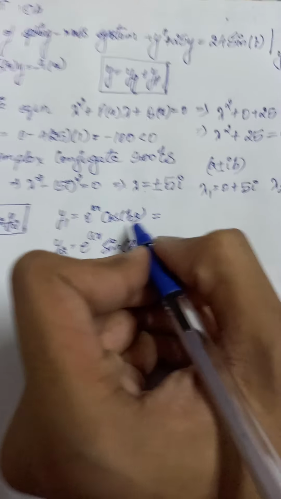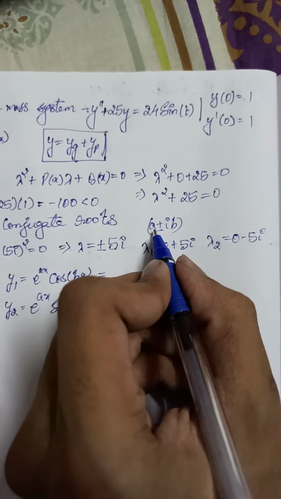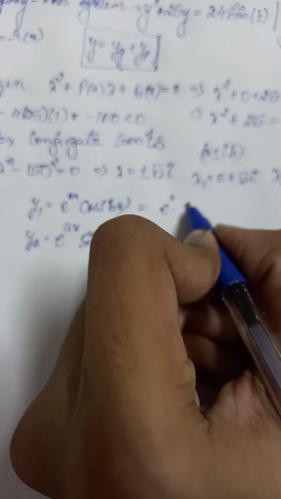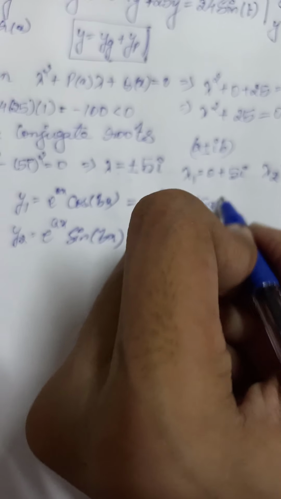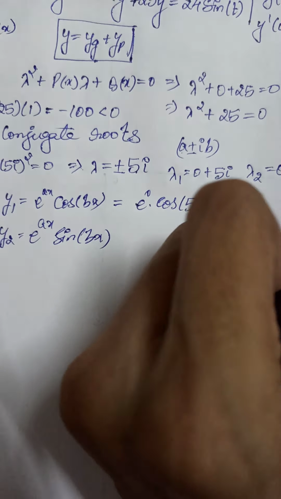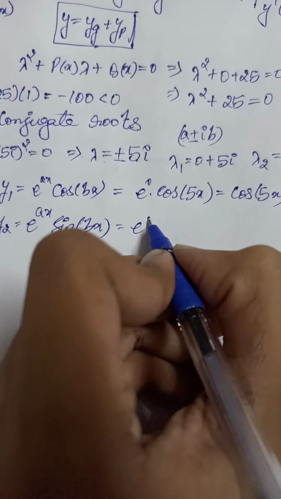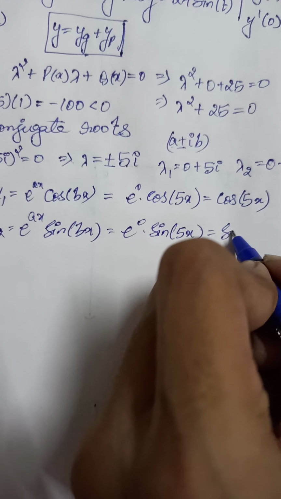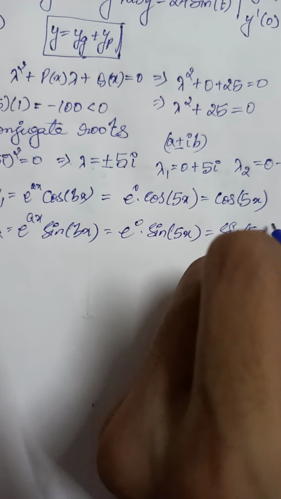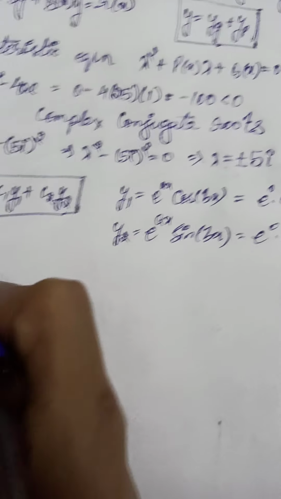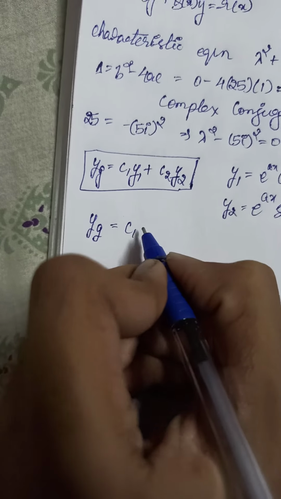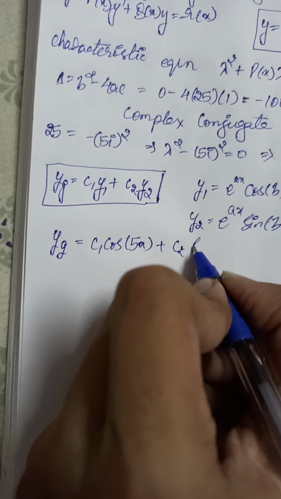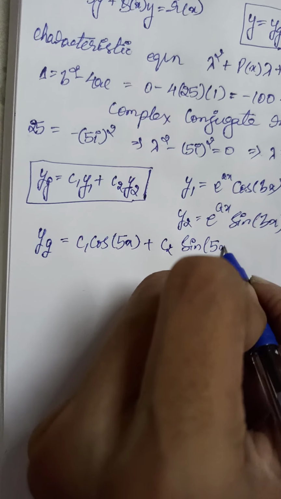Substituting the values of a and b, which are the coefficients a and b when a complex number is represented in its general form, we get e power 0 cos 5x and e power 0 sin 5x, and hence the general solution yg equals c1 cos 5x plus c2 sin 5x.